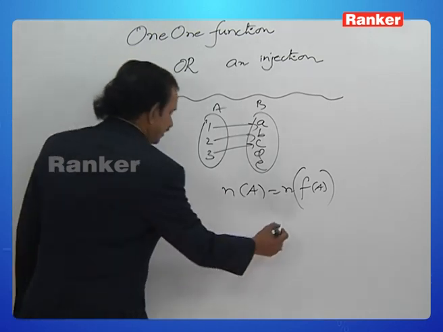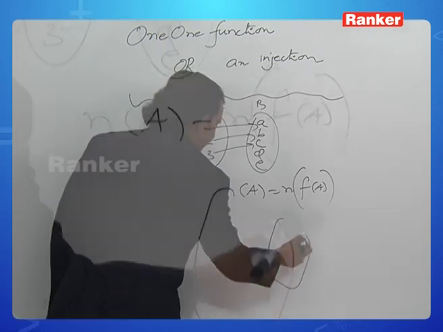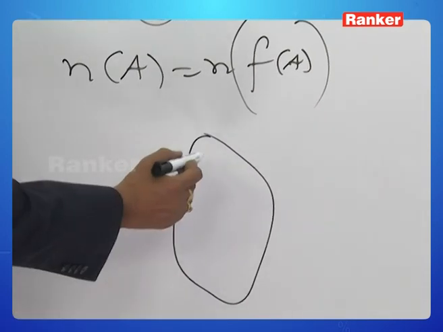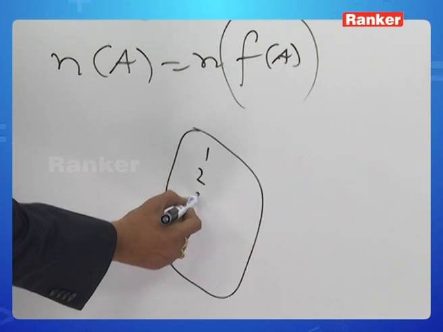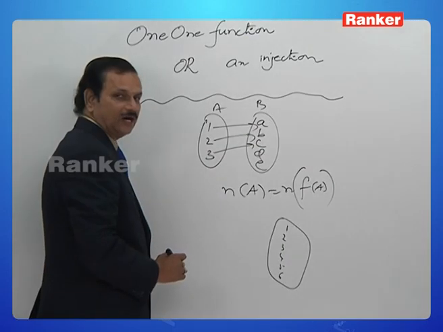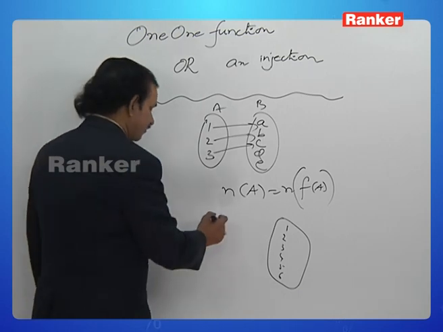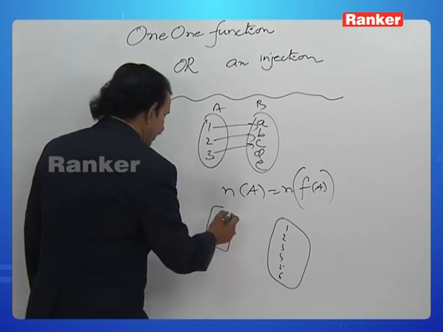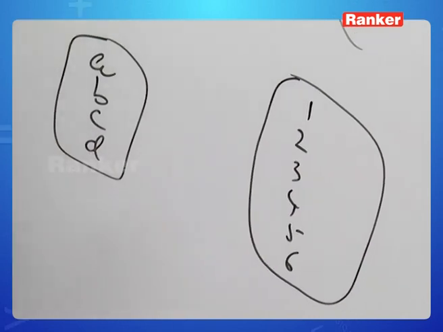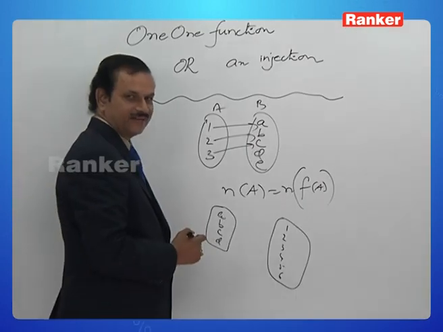Suppose this is the balcony of a cinema theater. There are 1, 2, 3, 4, 5, 6 seats only, and on that particular show only 4 people purchased the ticket to view that cinema in that theater.